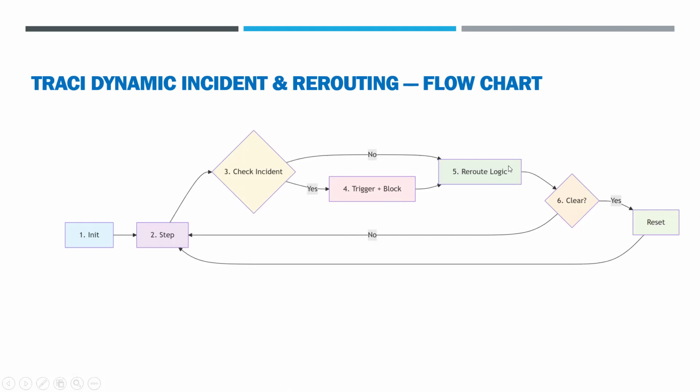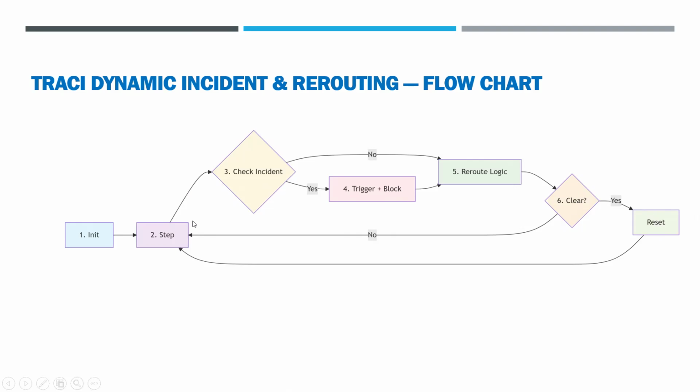The reroute logic will be activated, and vehicles will travel to the alternative route and wait for the clearance. When the main line is clear, then there is no incident. If it's not clear, then again check for the incident. If it's clear, then reset everything and go to the next step. So this is the flow chart of my TraCI code, where we have a total of 7 steps.